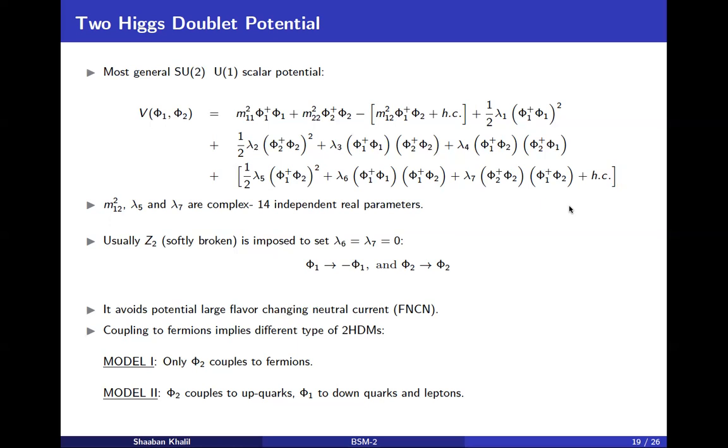Okay. And all the signs of the masses. To generate a vacuum expectation value for phi1 and phi2, you need M11 squared and M22 squared to be negative to allow for a non-vanishing vacuum. Of course, you need lambda 1 and lambda 2 to be positive, to avoid an unbounded from below potential.